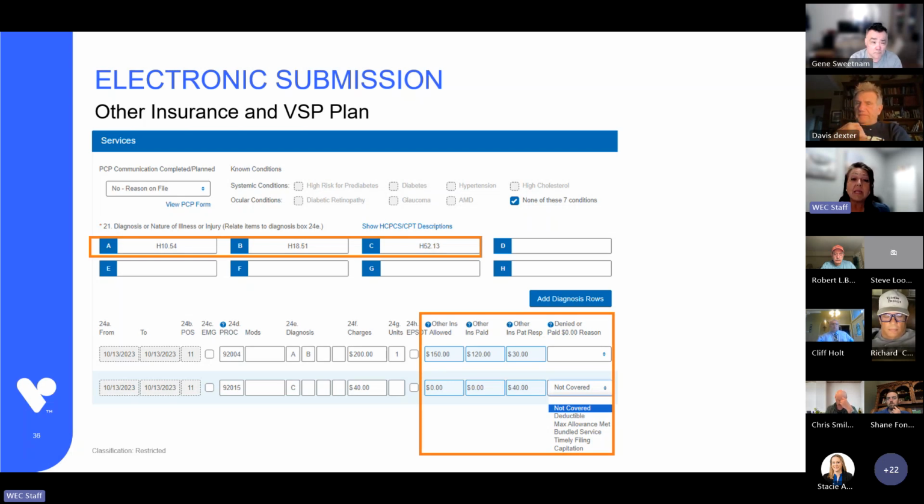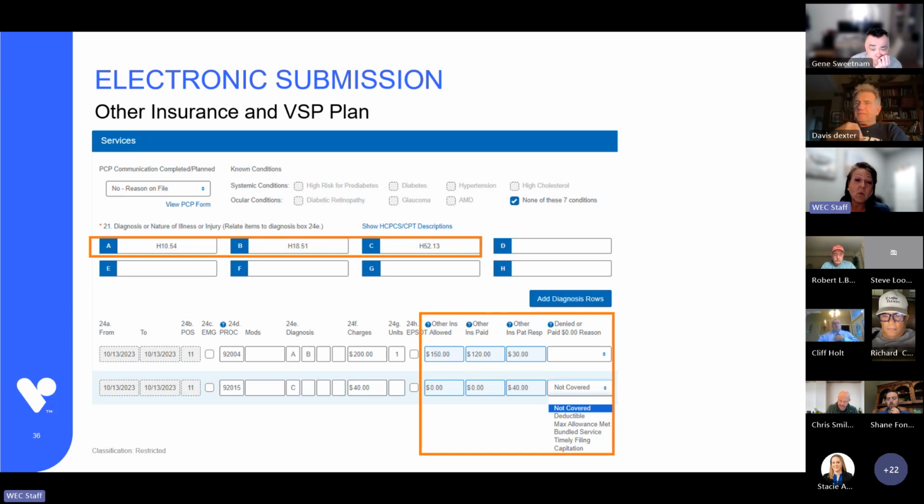In the event that the insurance pays zero, so in the column where it says other insurance paid, if there's a zero amount there, you have to tell VSP why. So there's a drop-down box on the right-hand side at the bottom. You'll see in this example, for 92015, of course, that's just not covered. So that would be what you selected. But you have other options, deductible, timely filing.